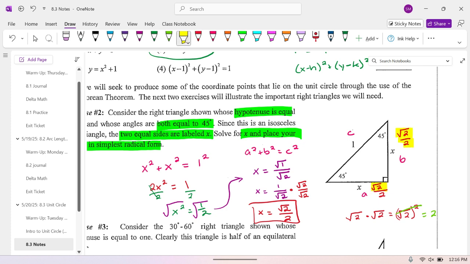You could have also figured that out given that it's a special right triangle, specifically of the 45, 45, 90 variety. Meaning that if you have x and x, 1 would be equal to the same thing as x times the square root of 2.